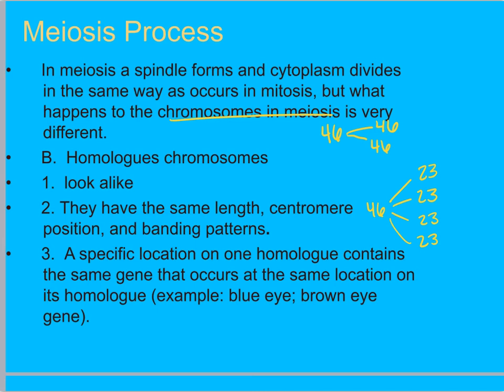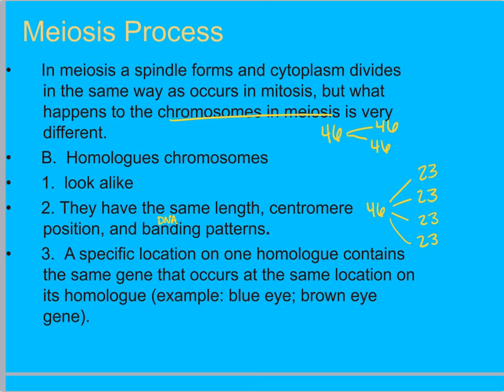Okay, so that means that the chromosomes are going to be the big difference. So you still have your homologous chromosomes, or homologs. Remember, they look alike. They're going to have the same size, length, genetic content. Their centromere position is going to be the same. Their DNA banding patterns are going to be the same, which means it's genetic content pretty much.